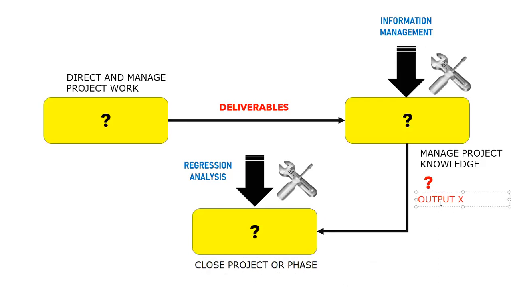And the output in question is, of course, nothing other than the lessons learned register, which you see as a sub-input to Close Project or Phase. But this is a massive association that you need to be aware of. And the reason will come to light in my final question that I'm about to ask you.